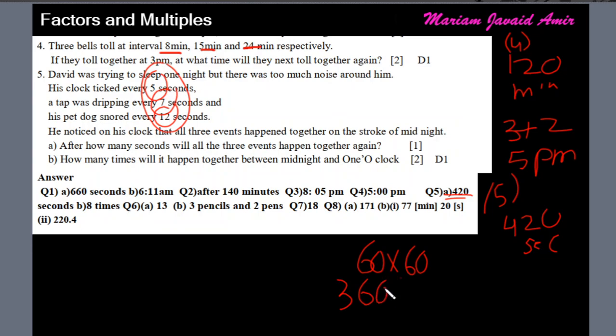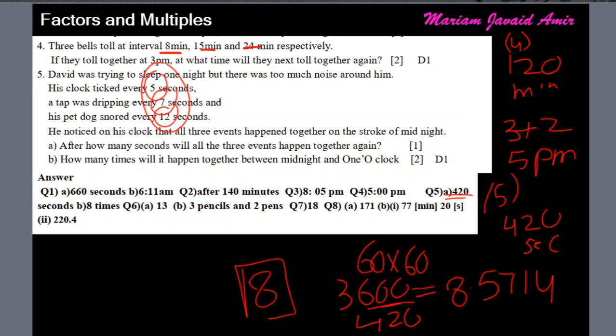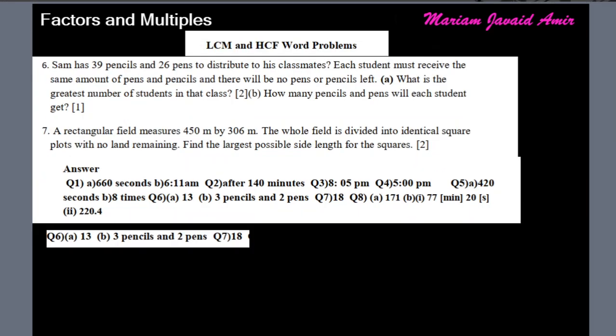So 3600 divided by 420 gives us 8.5714. So this event can't happen 8.5 times. It can happen either 8 times or 9 times, but we don't have enough duration for it to happen 9 times. So the answer is 8 simply. Okay, that was question 5.